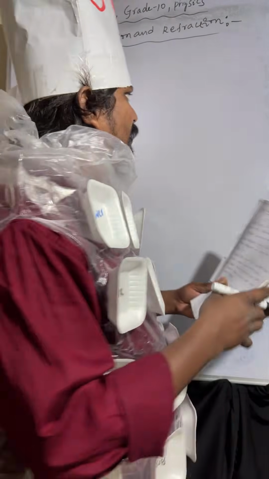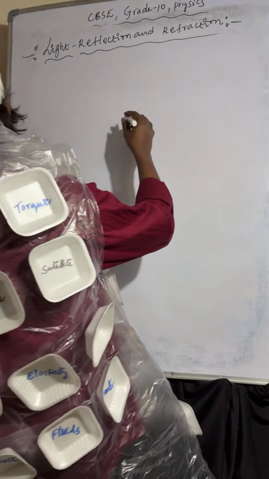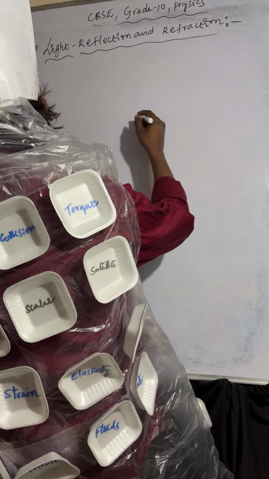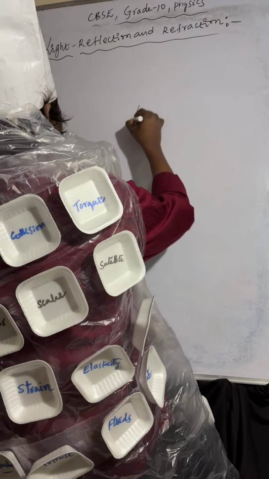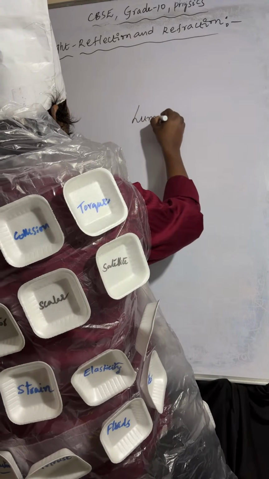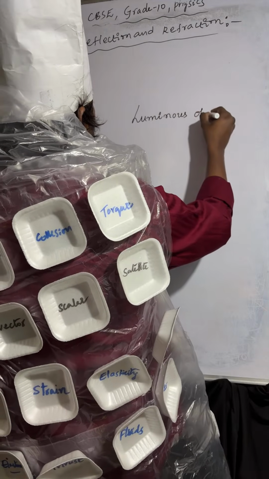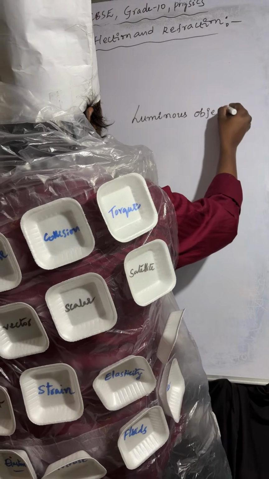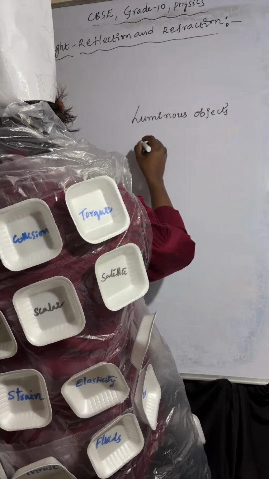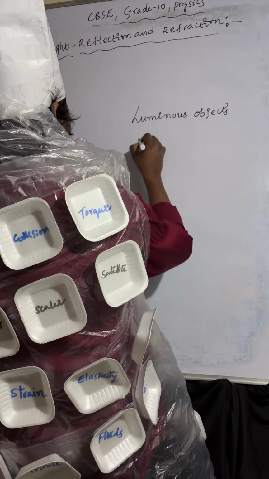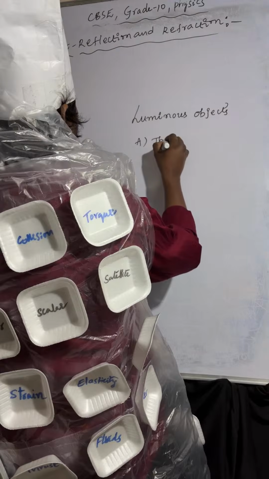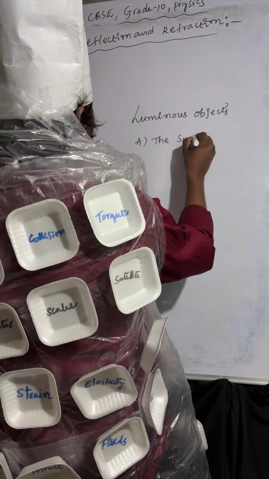Now, the first one is luminous objects. Which of these is an example of a luminous object? Option A is the sun.